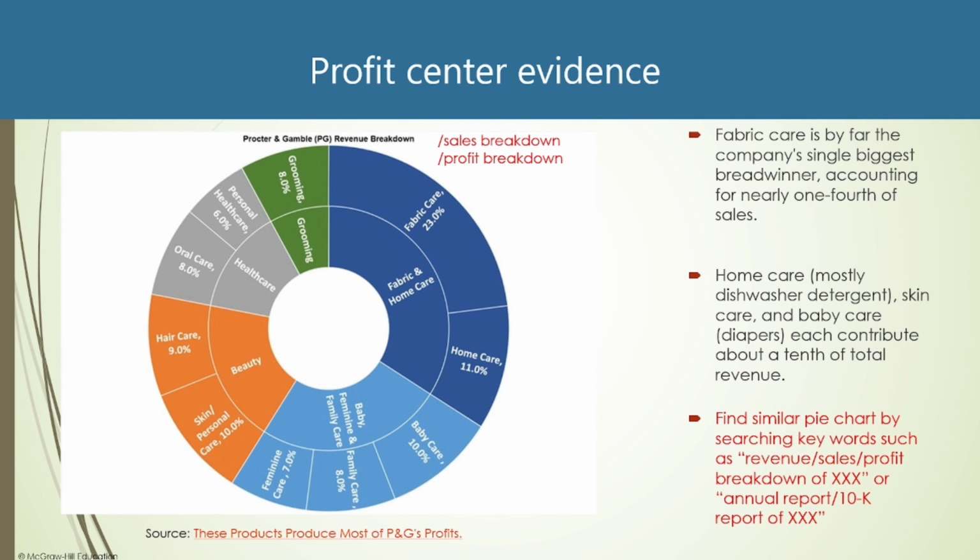I suggest you search keywords such as revenue, sales, profit breakdown of a brand, or annual report, or 10K report of a brand, of a company, so that you can find similar pie charts to give you information to make the decision of SBU selection.